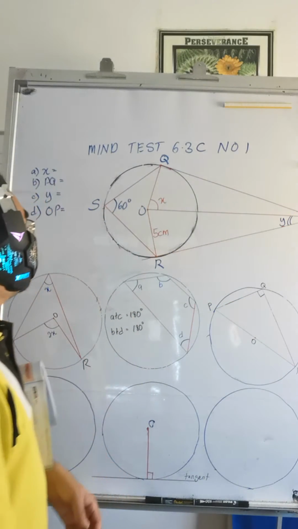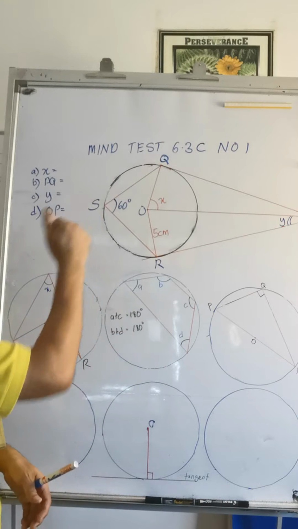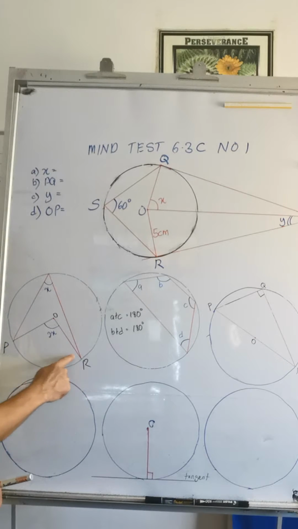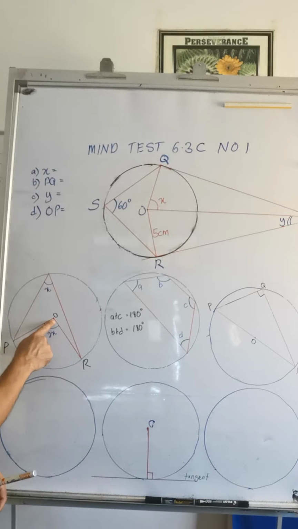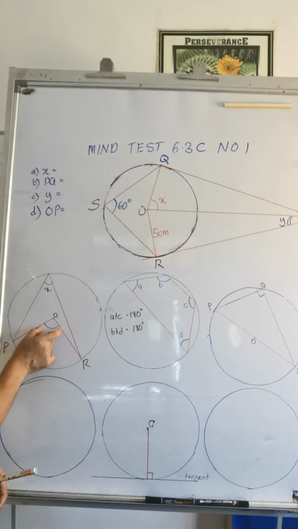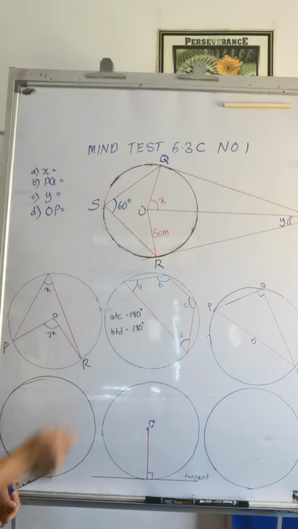What do you need to know even before we can solve the equation? First, if we have arc PR, with P and R going to the center and P and R going to the circumference, the angle at the center will be twice the angle at the circumference.